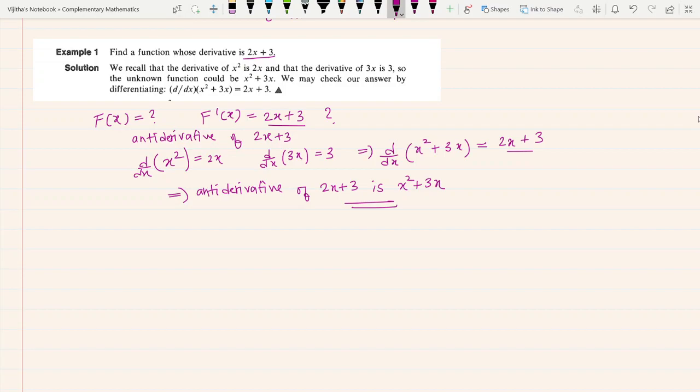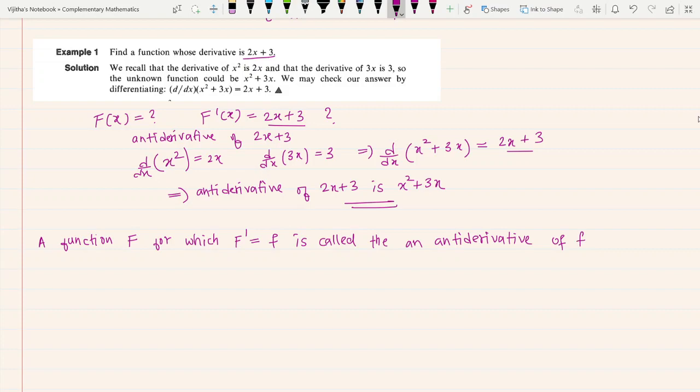So in general we can say that a function capital F for which its derivative F dash is equal to small f is called an antiderivative of f.